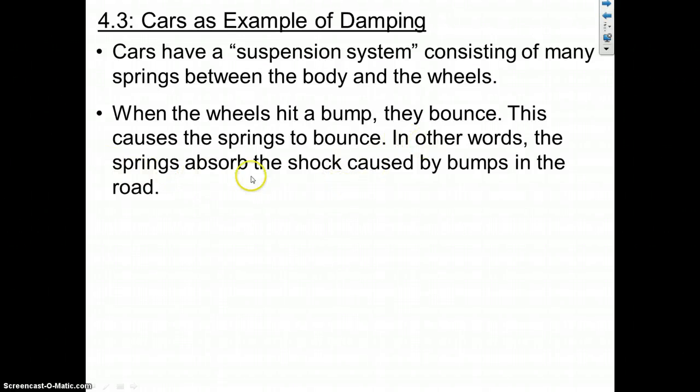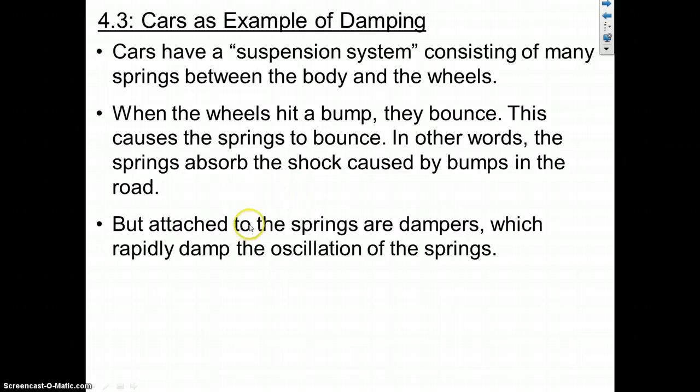But the springs absorb the shock because they are attached to dampers. There are these other things attached to the springs which very rapidly damp the oscillation. It's a heavily damped system.